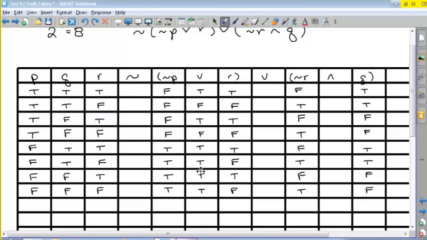Okay, so that's the result there. We go over here. This is an AND statement. So the only time an AND is true is when they're both true, which happens in these 2 cases. Every other case, there's at least 1 false or both falses. So those become false. That's the rule for the AND statement.